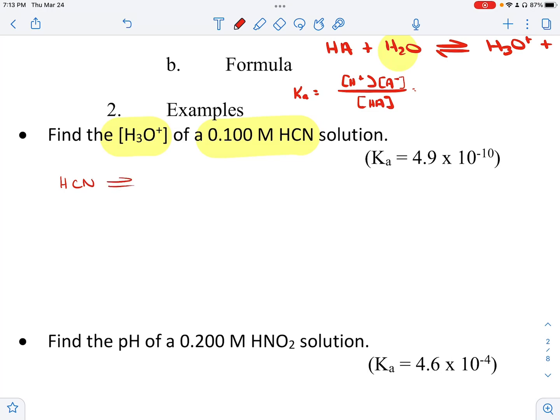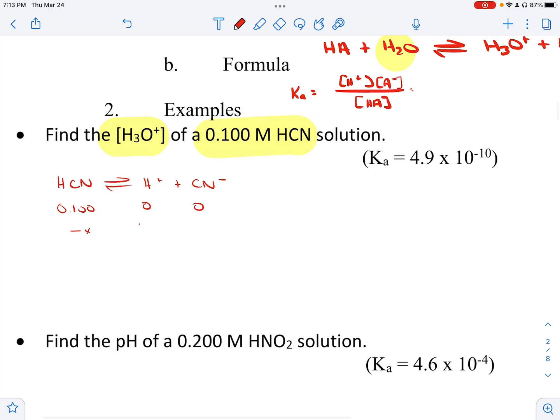It's going to break down into H pluses and CN minuses. All right, our initial concentration of HCN is 0.100. This is initially 0, 0, minus X, plus X, plus X. So we're going to get 0.100 minus X. That's just going to be X. That's going to be X, right? All right, hopefully I'm not going through that too fast. You can maybe hit pause if that's something we're struggling with.